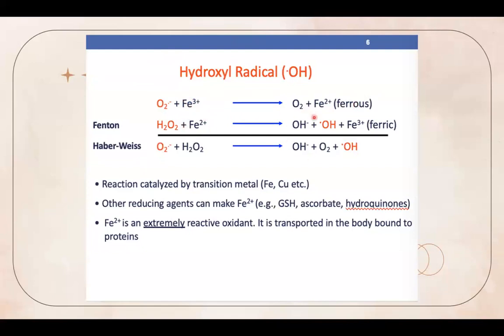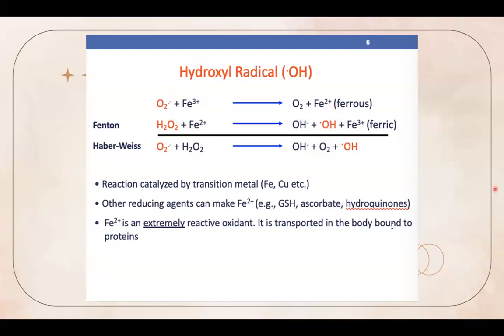And then this ferrous iron goes ahead and reacts with H2O2. H2O2 is hydrogen peroxide, or also known as bleach. Again, this is normally present in the body, and when it reacts, it forms the hydroxyl radical or the OH radical.